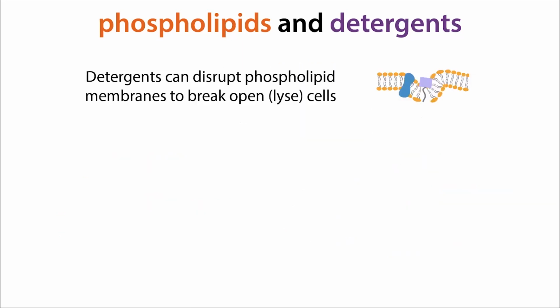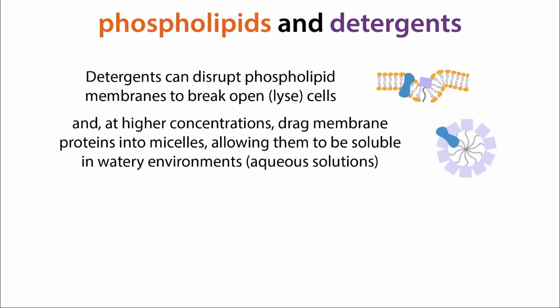What's going to happen when you add a detergent to a cell which has a phospholipid membrane? That detergent, because it's amphiphilic like that phospholipid, and has a shape kind of like that phospholipid, is going to kind of worm itself into that membrane. This is going to disrupt the membrane and break open, or lyse, the cells.